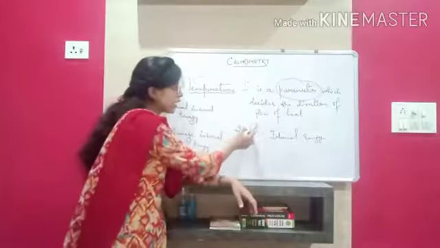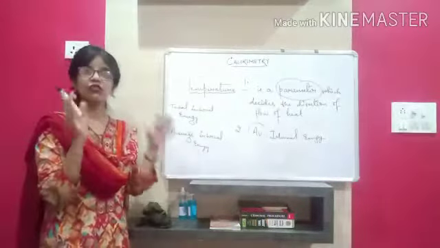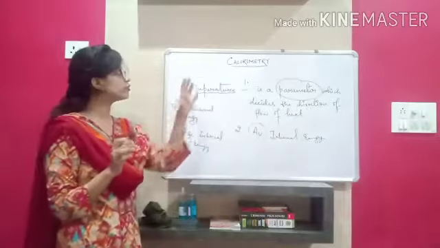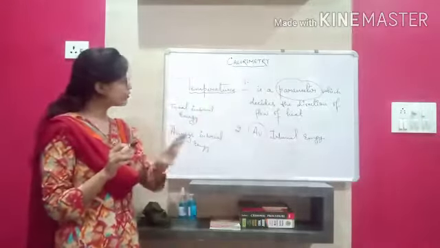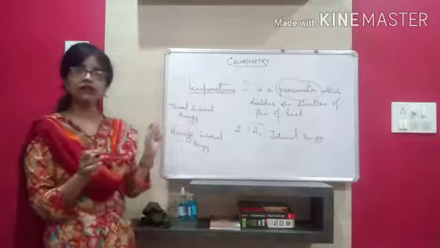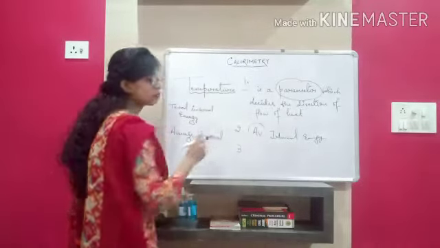That's how we calculate average. I hope you all are getting it. Whenever you calculate average internal energy, that will give you the temperature of a body. If you calculate the total, the sum of all, that will give you the total internal energy.